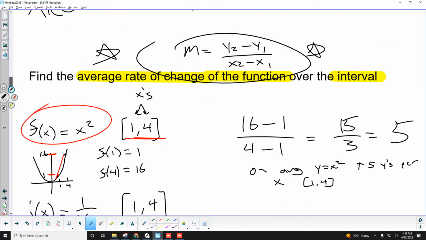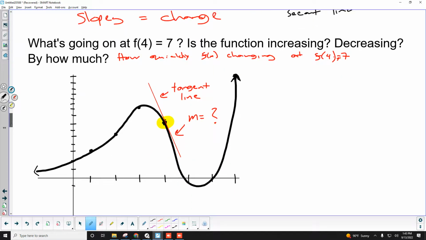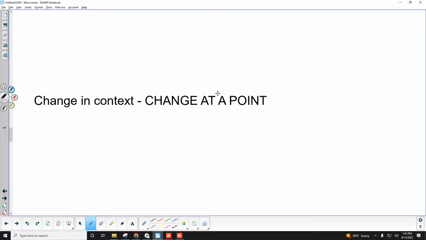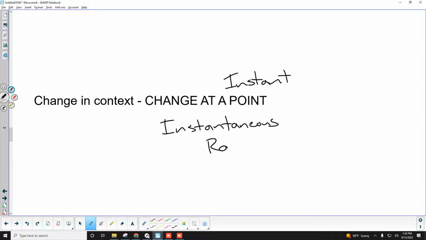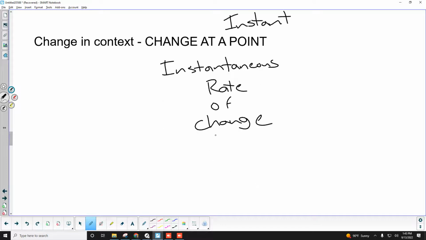If we want to find the instantaneous change of a function, the change at a point, the change at an instant, not the average rate of change, but the instantaneous rate of change, or what we will call IROC.